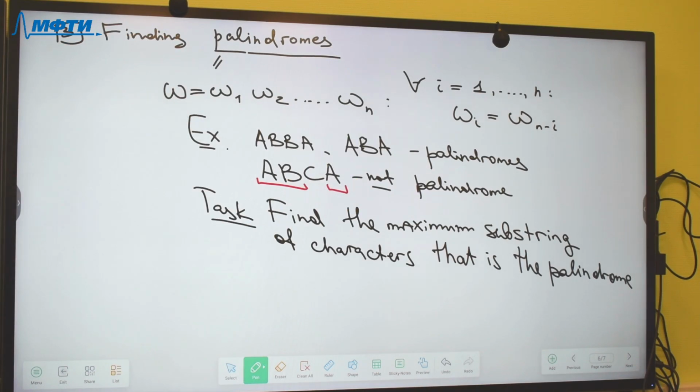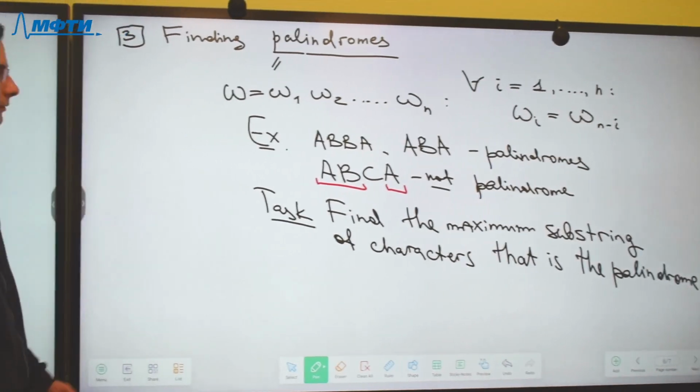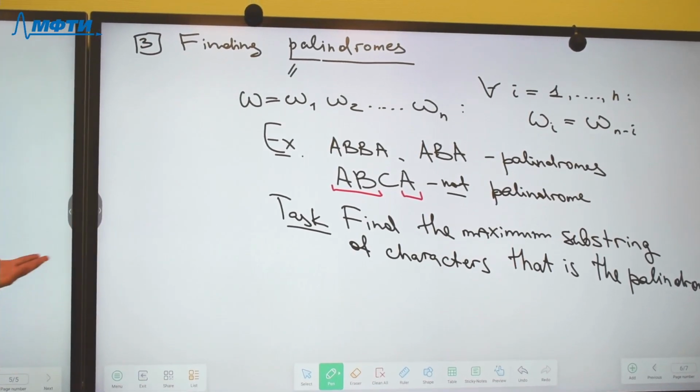So, how to find two-dimensional dynamics here?